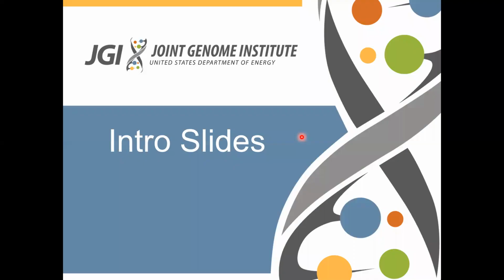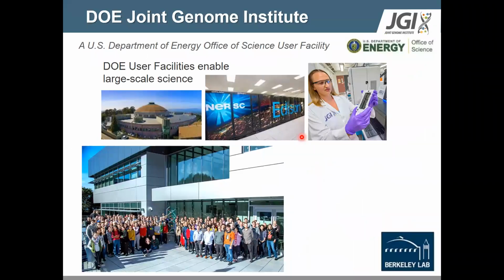So the next slide: I have to say a few words about who we are. We represent the DOE Joint Genome Institute, which is a US Department of Energy user facility. The Department of Energy Office of Science has these user facilities that enable large-scale science relevant to the DOE mission areas, such as clean energy, bioremediation, environmental cleanup, and other environmental challenges.